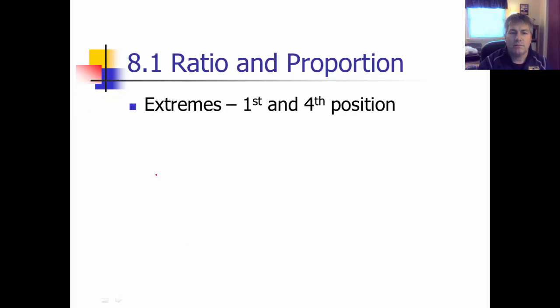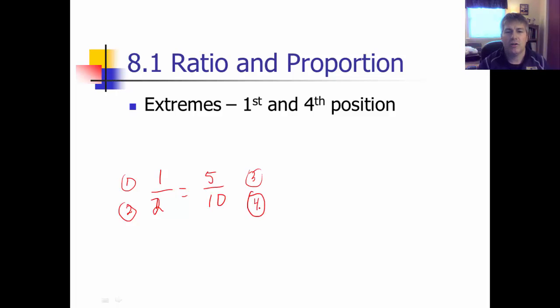In a proportion, so we had our proportion 1 is to 2 as 5 is to 10, we could look at 4 different positions here, and the extremes would be in the first and fourth positions. So this would be the first position, the second position, the third position, and the fourth position.